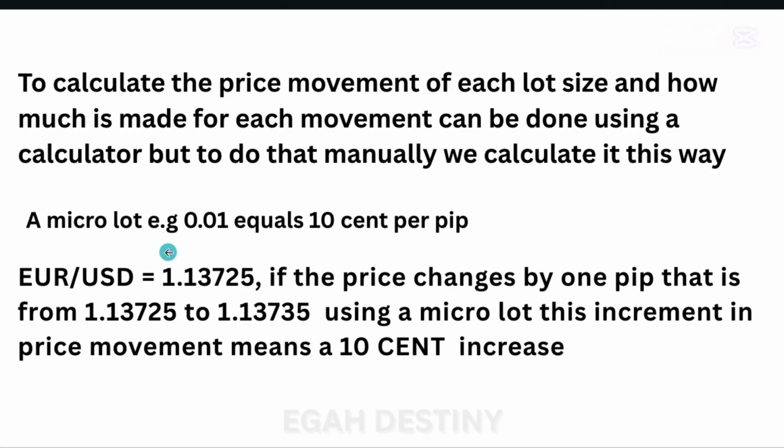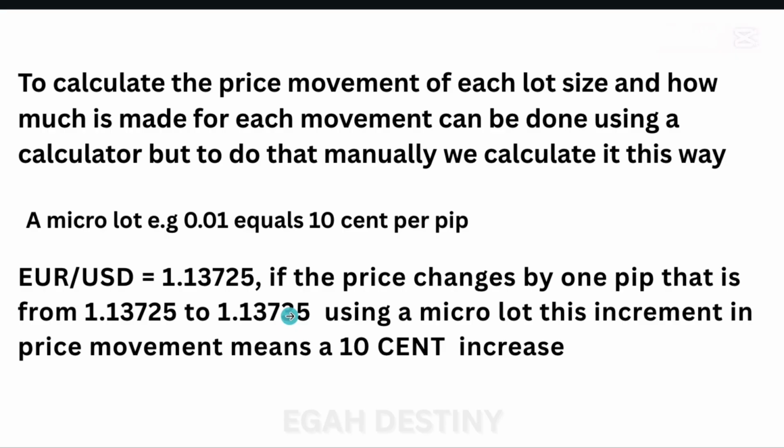E.g. EUR/USD trading at 1.13725. If the price changes by 1 pip from 1.13725 to 1.13735, meaning the 2 has changed to 3. Remember I told you in our previous video, when calculating for pip, the last number is taken as 0.